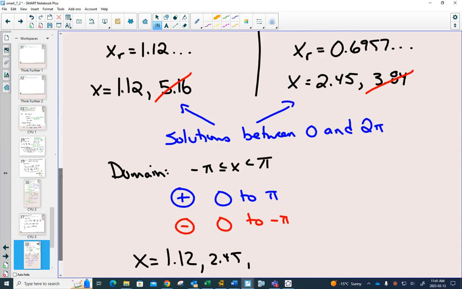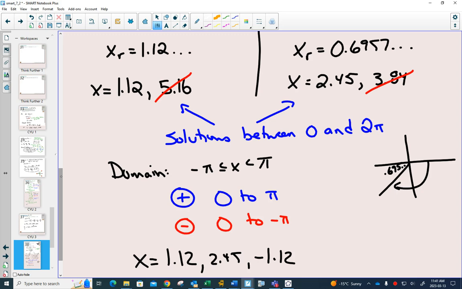So now I have to think, well, what's coterminal with 5.16 with the same reference angle of 1.12 in quadrant 4? That would be negative 1.12. And I have to think, what is the angle in quadrant 3? I'll draw a little picture of it, with this same reference angle of 0.695. What would that angle be?